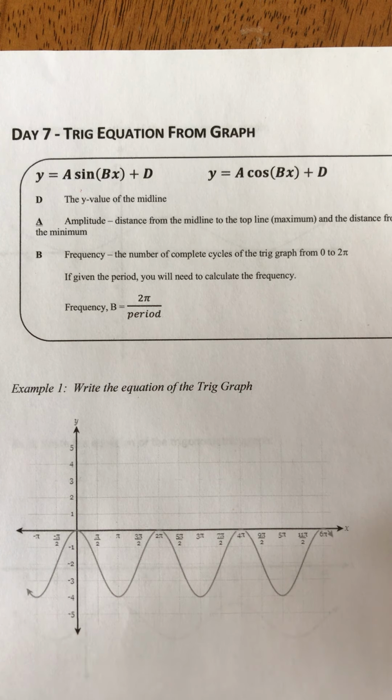What I'm going to do is use the period. So this is the new thing and the hardest thing that we'll be doing with these. So a period is the x distance for one cycle. Okay, that's the definition of the period. All right, so let's go find the x distance for one cycle of sine.